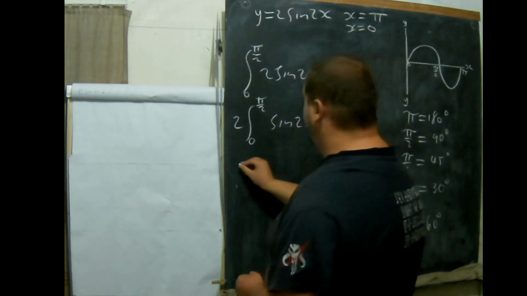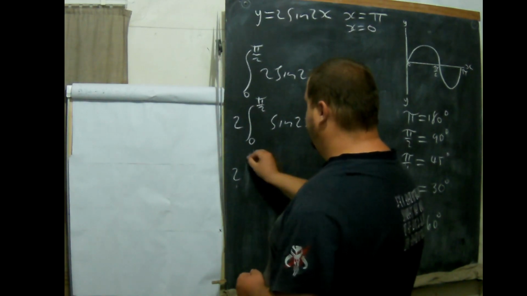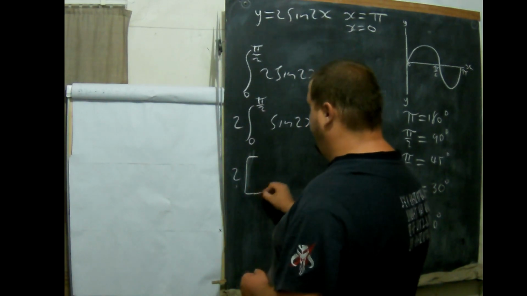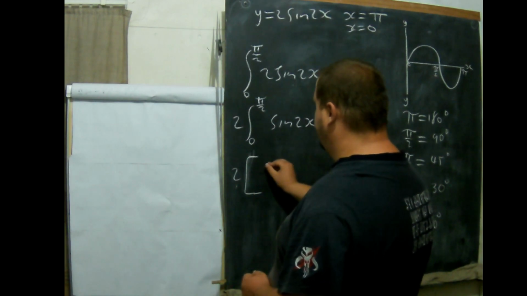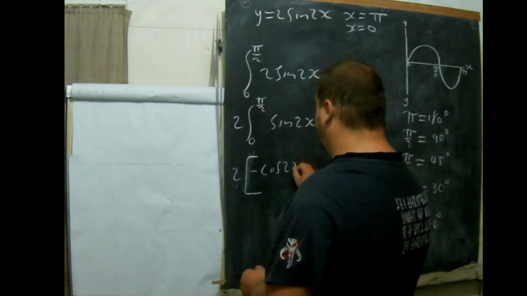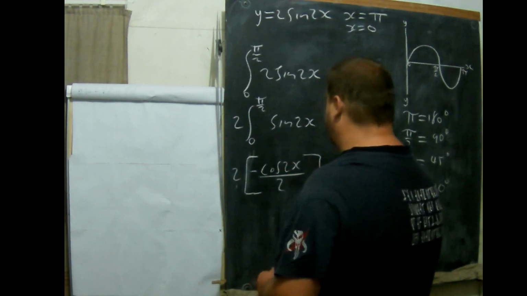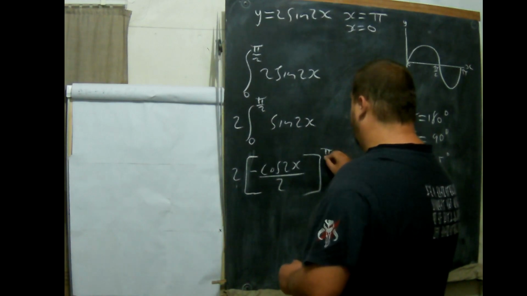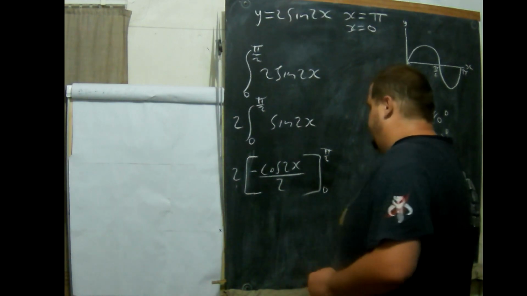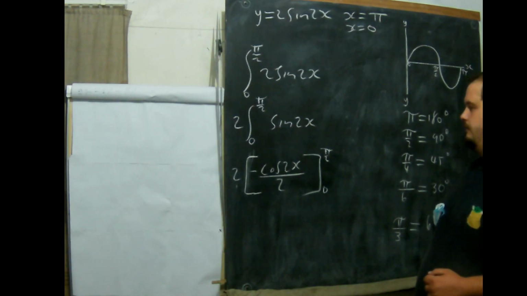So, 2, and now we're going to do a square bracket. The integral is minus cos 2x over 2, in the square bracket, with pi over 2 and 0. Now we've got one term.